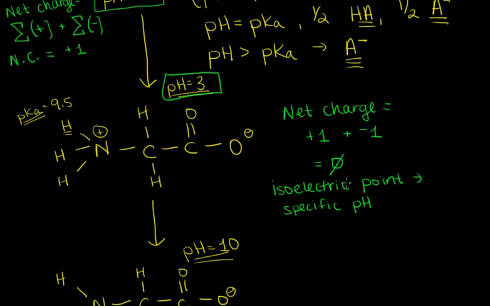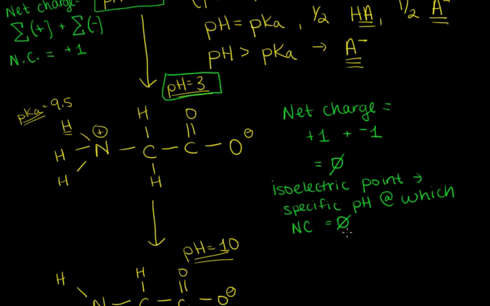So, at which net charge equals 0 for the first time. Because for any pH between 3 and say 9.5, we're going to have a net charge of 0. That's an infinite number of values, which is ridiculous. So the first pH where the net charge is 0 is the isoelectric point.